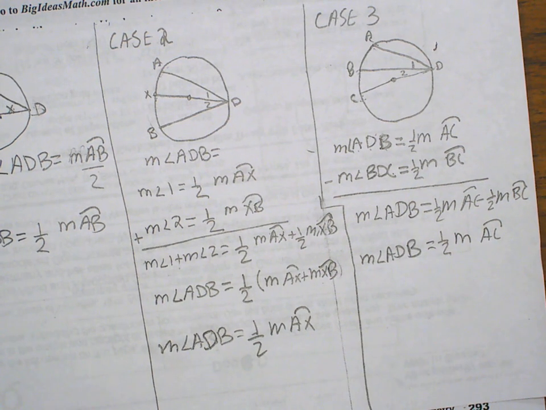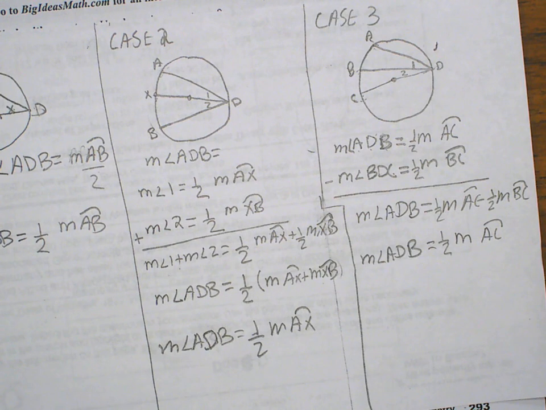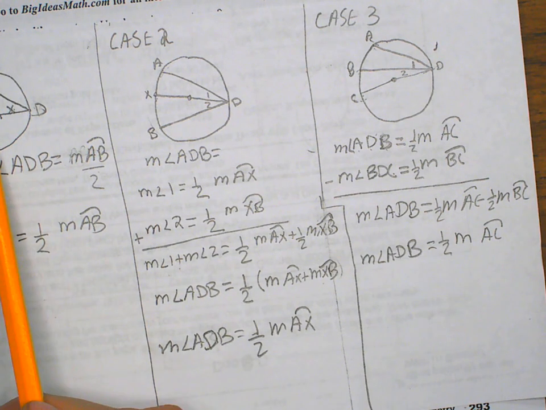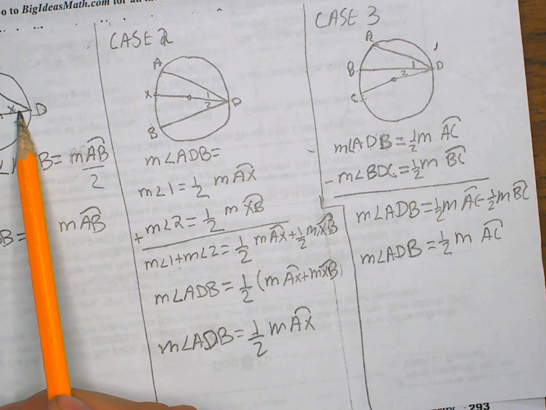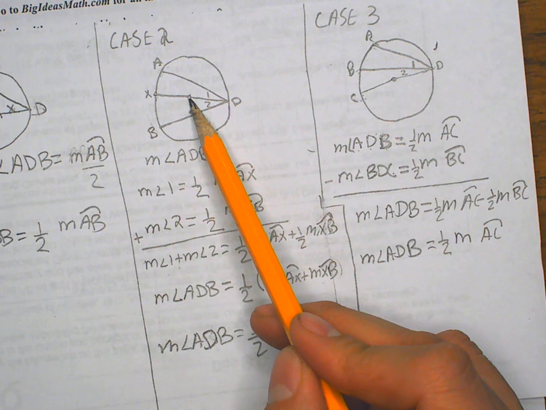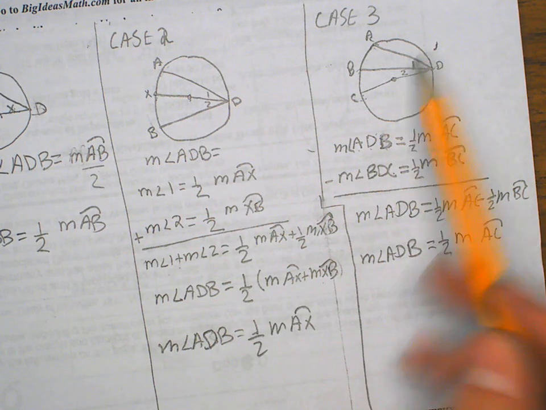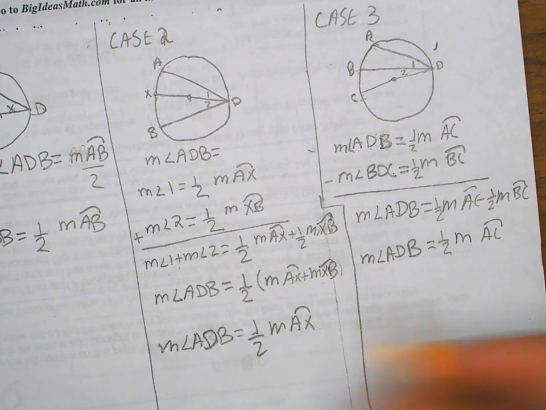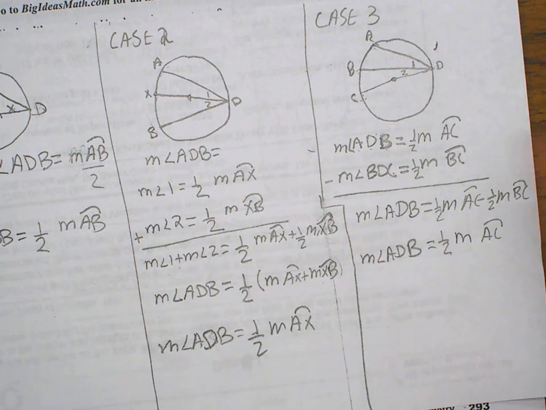So as you can see, this theorem works literally for every case, okay? Whether the center is part of the intercepted arc, or the center is in the middle, or if the center is outside of it. So as you can see, it works pretty much everywhere, okay?